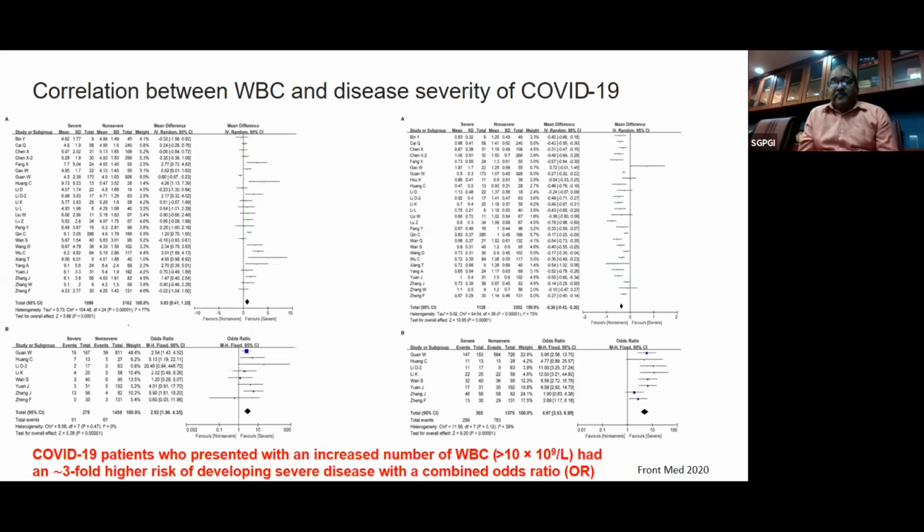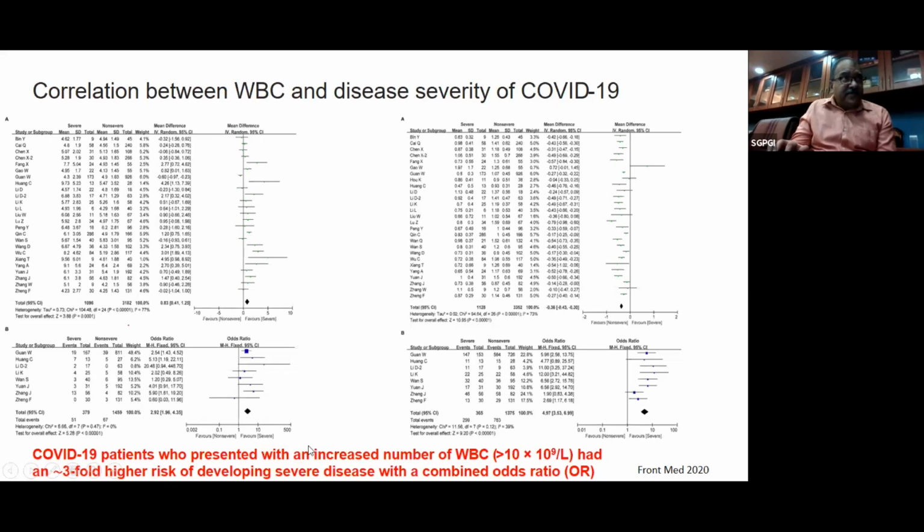I think in the month of May, they looked at patients with COVID-19 and tried to identify which markers suggest that a patient is going to have severe disease. So again, the total leukocyte count, as simple an investigation as we can think of, which is available everywhere in the world, shows that a higher total leukocyte count favors severe disease.